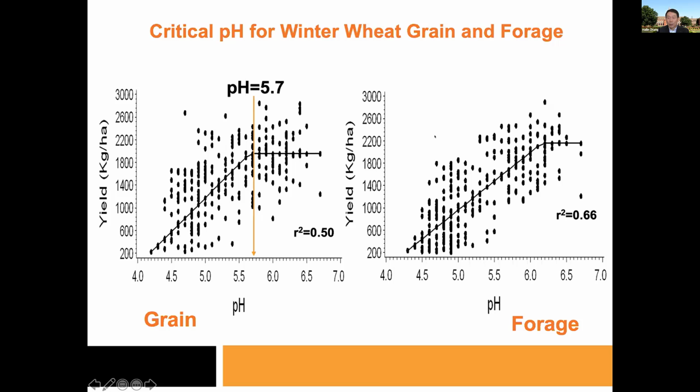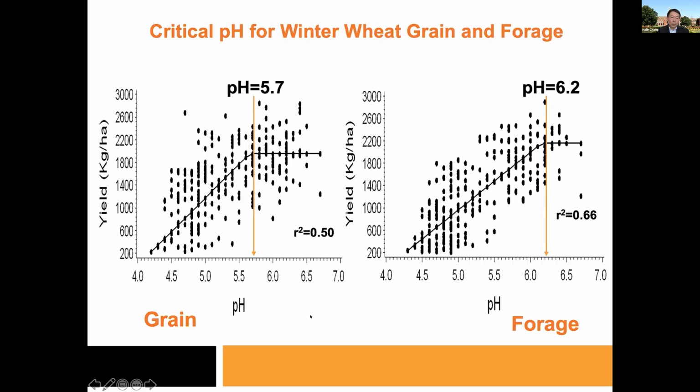And for the forage, you can get continued increase in forage yields after 6, like 6.2. So this is another evidence to show the forage is more impacted by pH than grain.